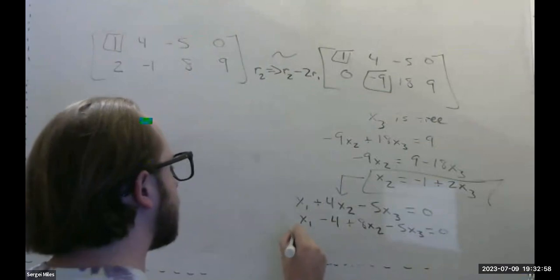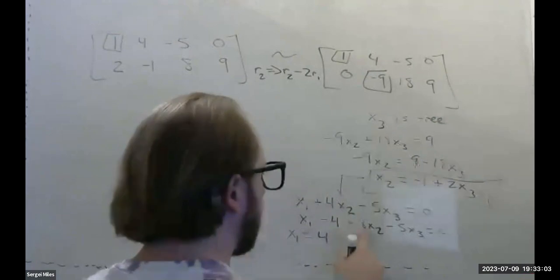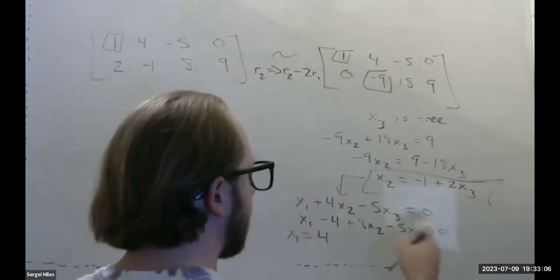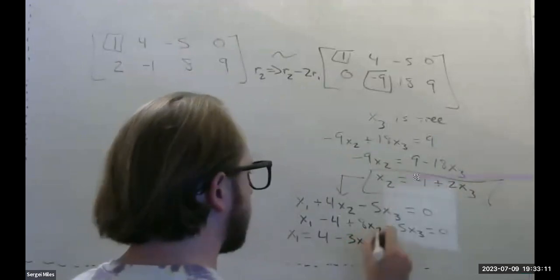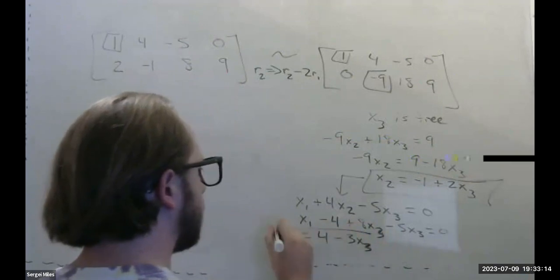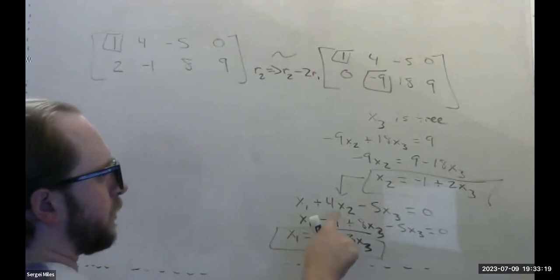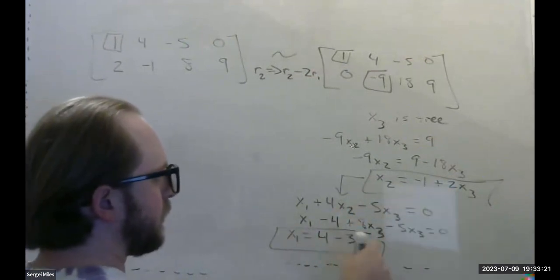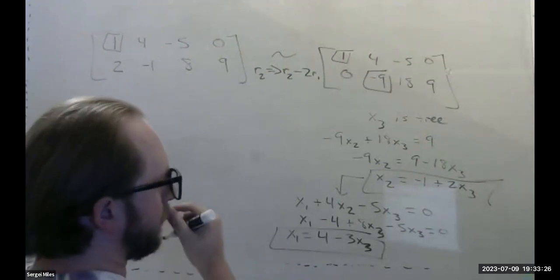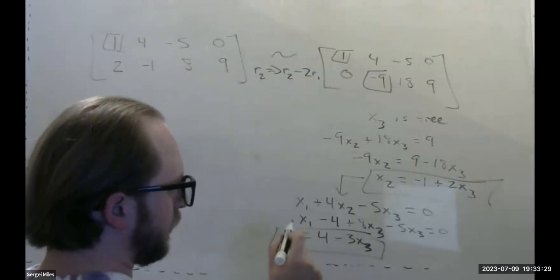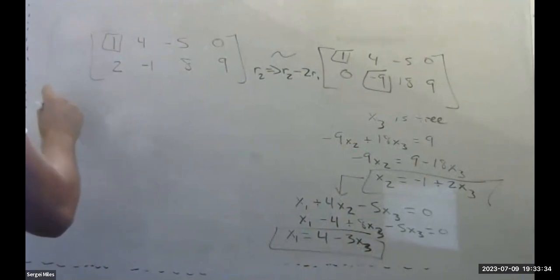I want to move everything over. x1 equals 4. Let's see. Minus 8 plus 5, that's a minus 3 x3. Oops, and that should be an x3 here as well. Right? Okay, did I plug it in correctly? -4, 8x3, good. 1, 4, -5, 0, good. 4, good. Okay, so now we're ready to find our solution.